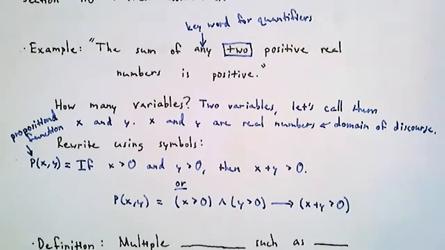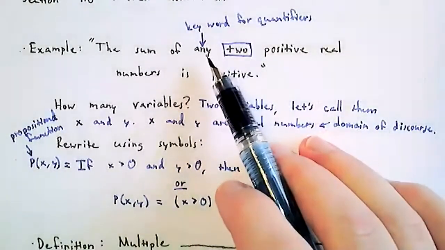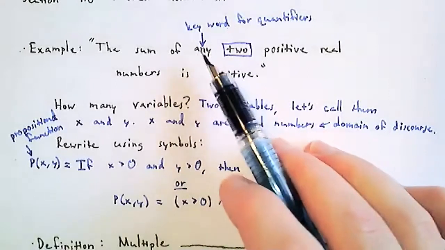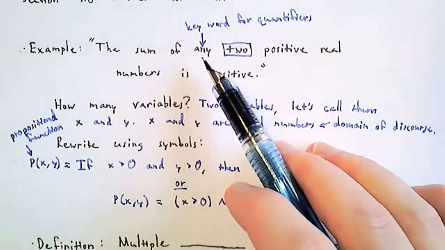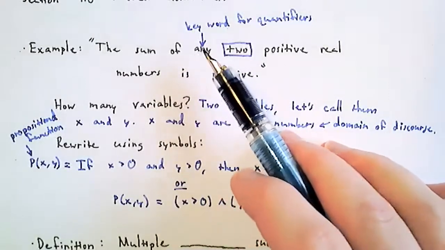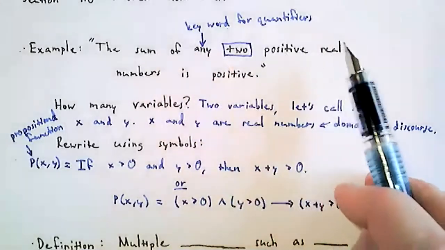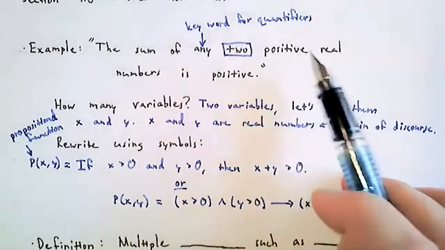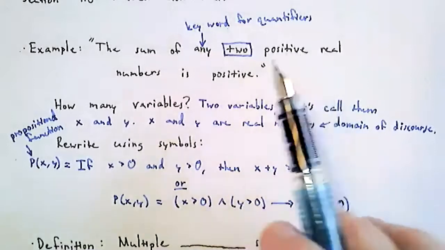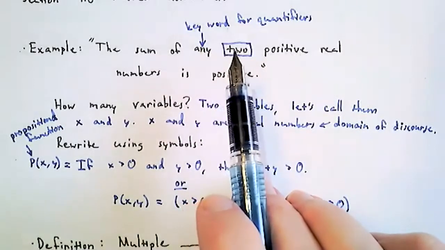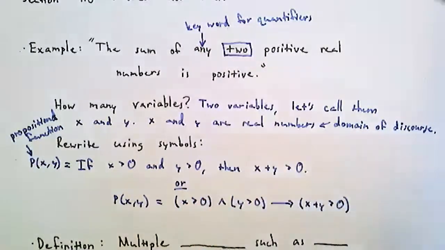There exists. Okay, so there's a little bit of disagreement. Any, it's a plural word. It means for any possibility of two positive real numbers. And that corresponds to the word every, the for every.